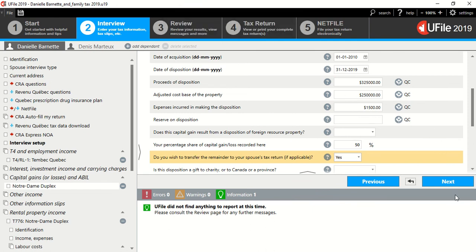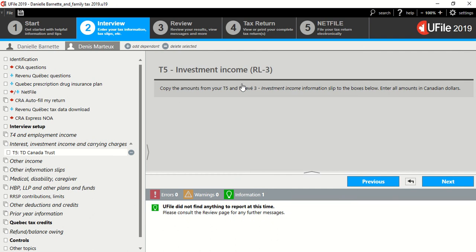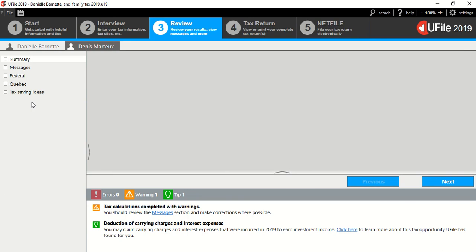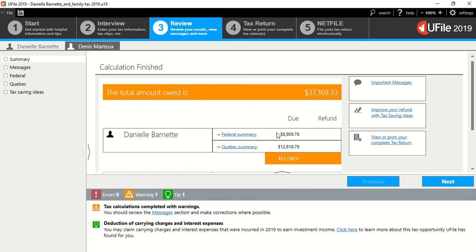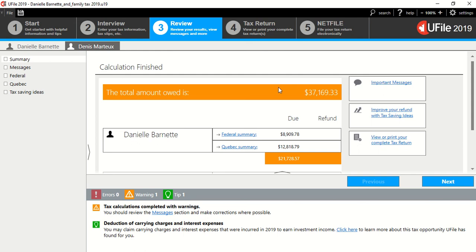Let's do next. Clicking next, by the way, is also a default global recalc. Okay, and let's go to Dennis. Let's review. Ooh, it generated an outcome. Yes, they do owe a lot of money, but they were earning a lot of money throughout the year.